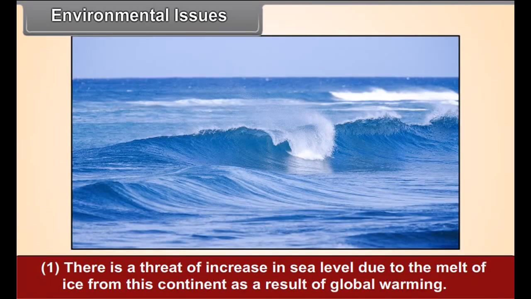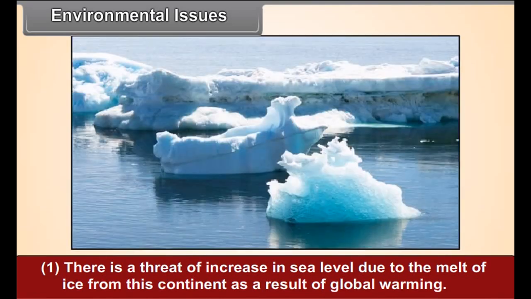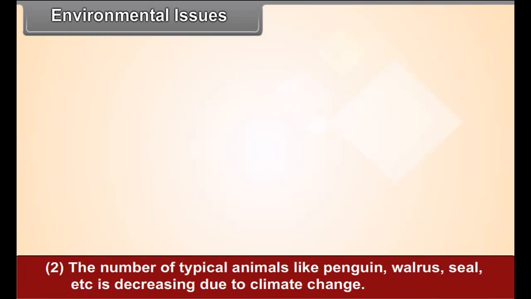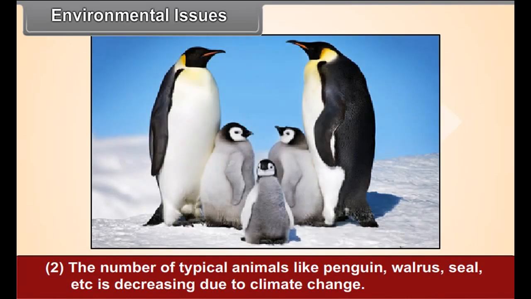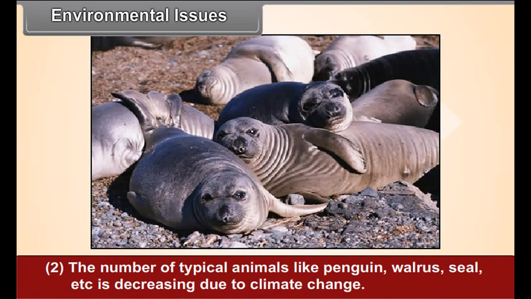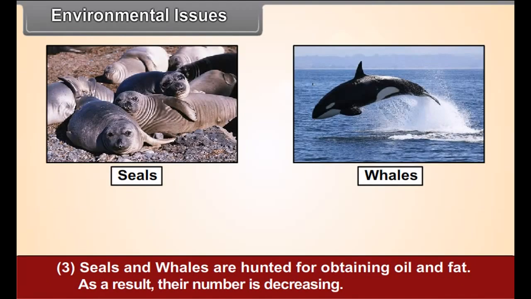Environmental issues. Even in this high latitudinal and uninhabited continent, some environmental issues have cropped up. Number 1. There is a threat of increase in sea level due to the melt of ice from the continent as a result of global warming. Number 2.